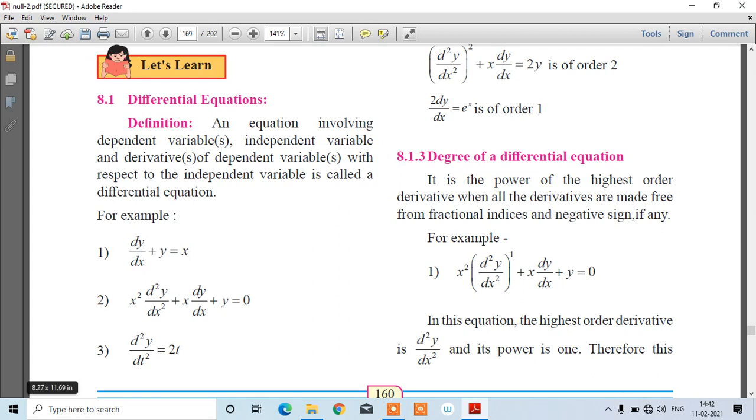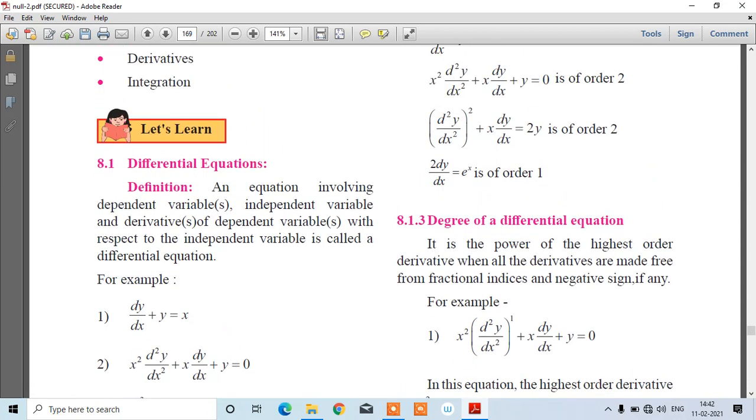Similarly, here it is d square y upon dt square is equal to t, where the function is expressed in terms of t, and the second order derivative of y with respect to t is involved here. Here y depends on t, so y is the dependent variable, t is the independent variable, so this is also a differential equation. Okay, so these are some examples given in your textbook.